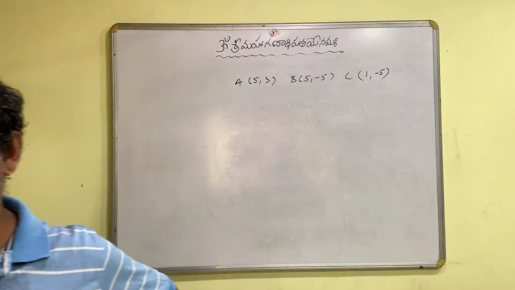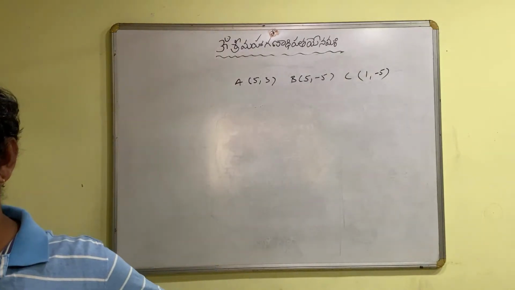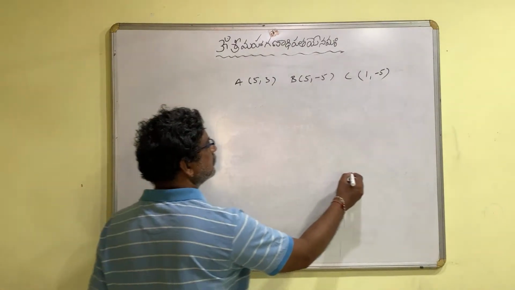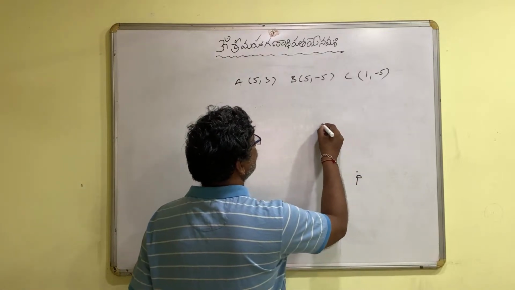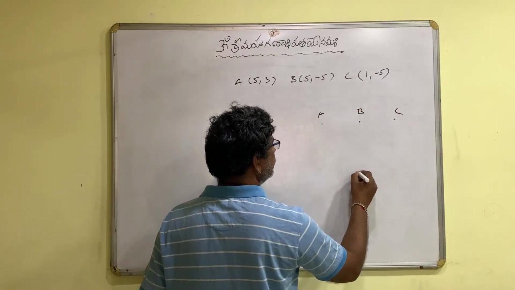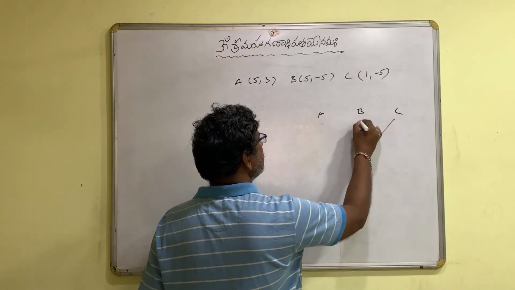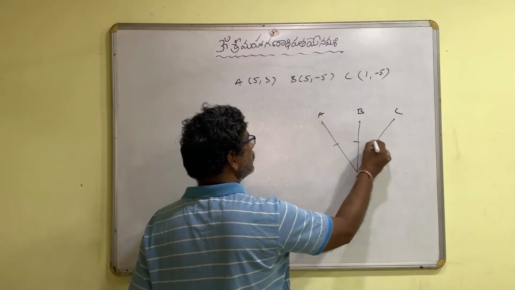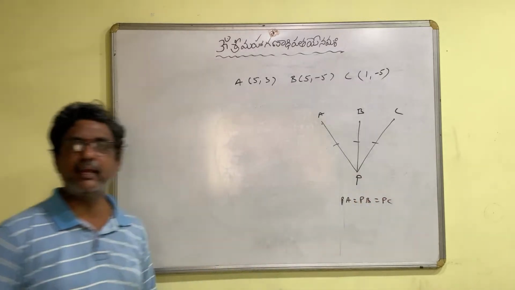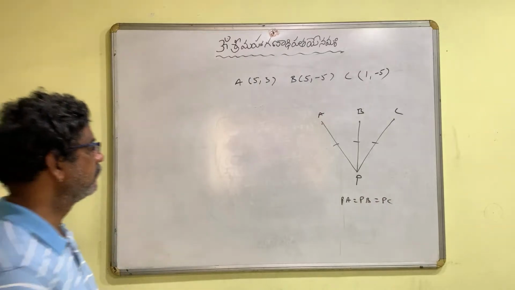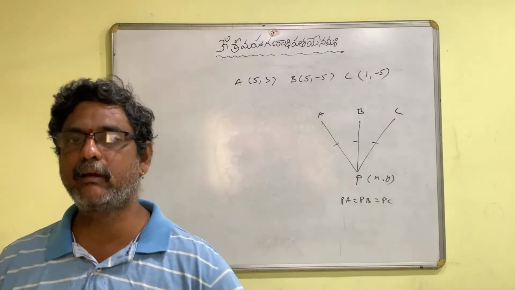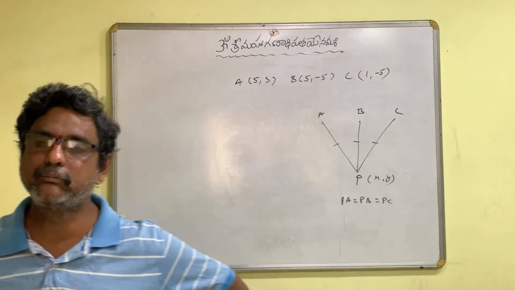So there is a point P, and there are 3 points A, B, C. The distances PA, PB, PC, all the 3 are equal. We need to find out the coordinates of P. That means we need to find out x value and y value.